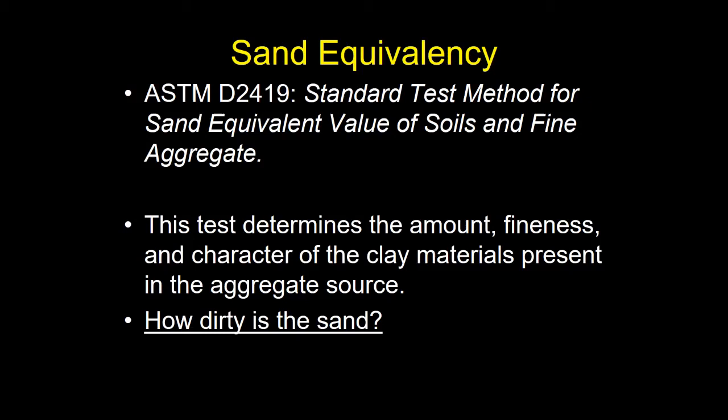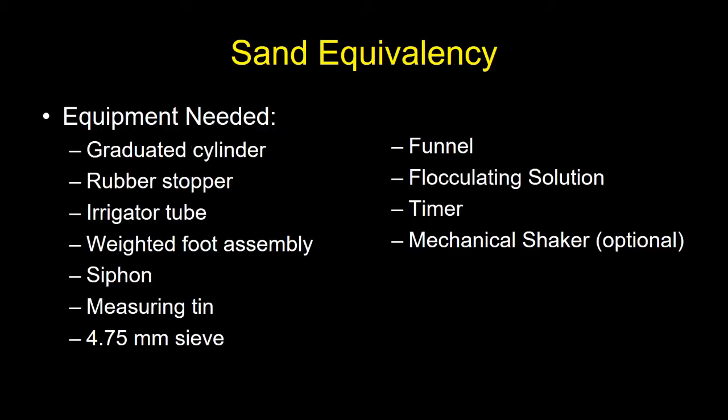You're just trying to see if there's clay in it and what percent of maybe even deleterious material, if there's any vegetation or organic matter in it that shouldn't be. You can figure that out with this test.